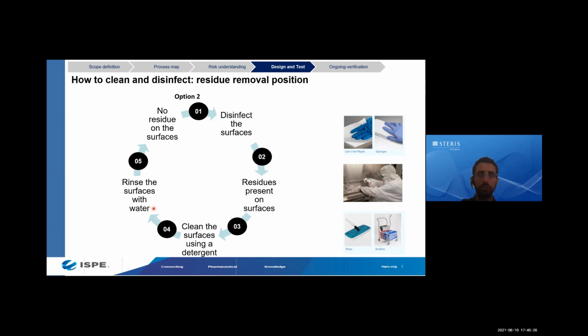I rinse the surfaces, except if you have justified that it's not needed. You don't have any residue on the surface, and then you start to re-disinfect. So again, it's really important that it looks like a life cycle. It's really a life cycle approach, and you need to assess which of those programs, option 1 and option 2, is adequate per your process.